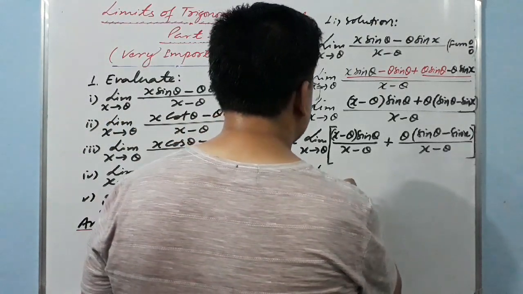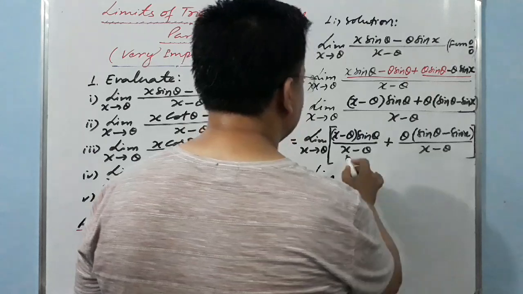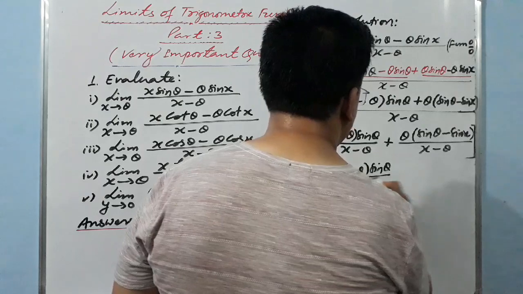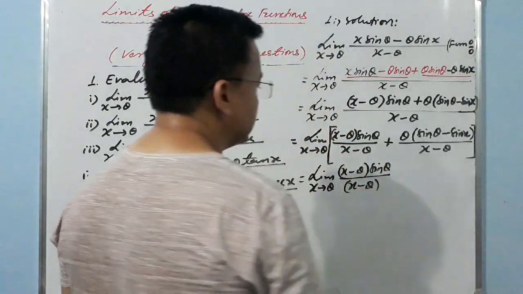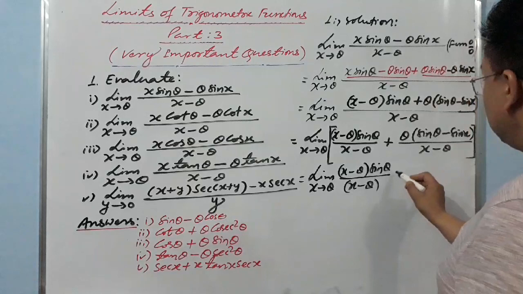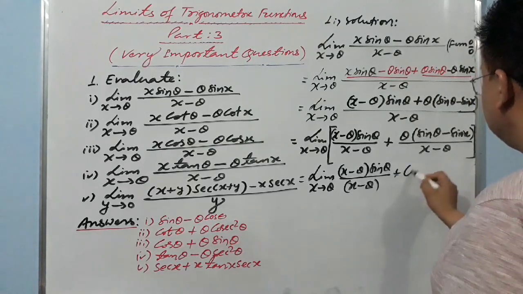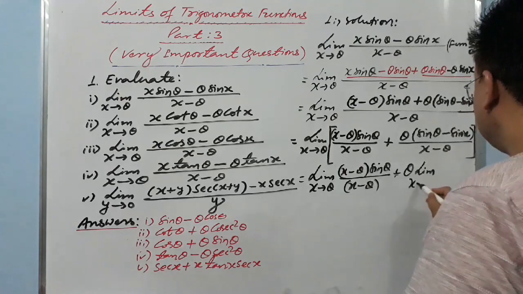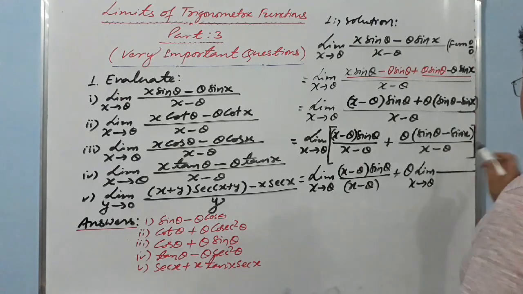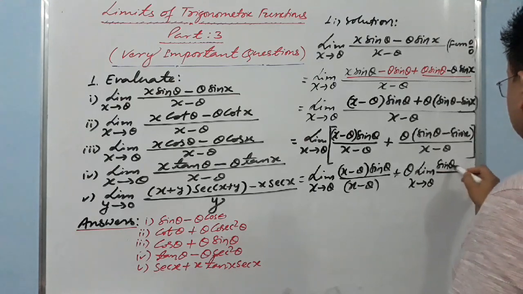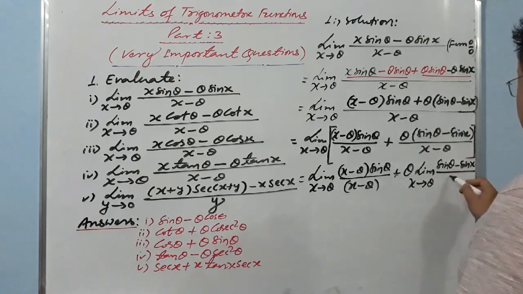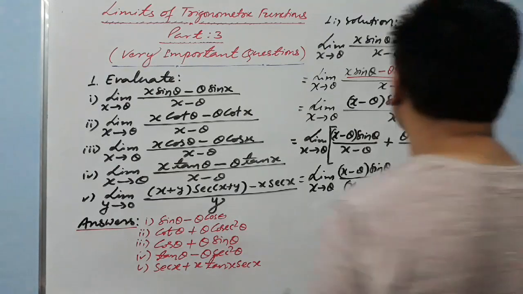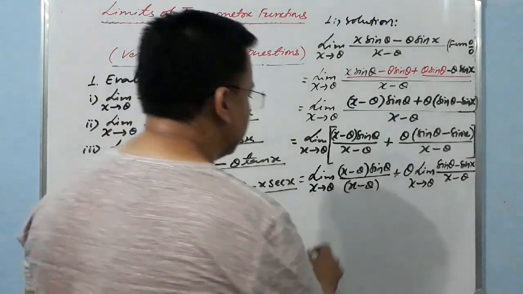Here I write x minus theta sin theta over x minus theta, although we can cancel this common term, plus theta, because theta is a constant, limit x tends to theta of sin theta minus sin x over x minus theta. I am lacking space. So this step is also clear. I think you don't have a problem here.